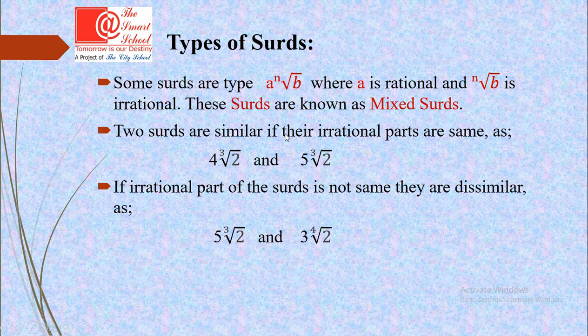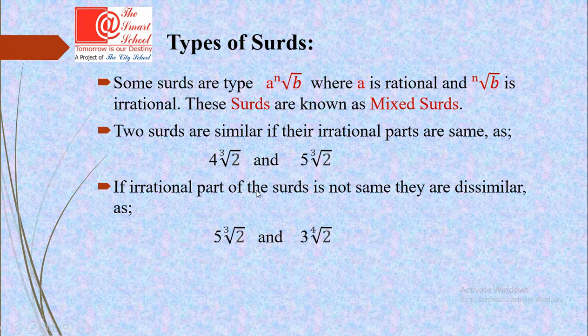Two surds are similar if their irrational parts are the same, as 4 times the cube root of 2 and 5 times the cube root of 2. So 4 is the rational part and the irrational part is the same in both cases. So these are similar surds.